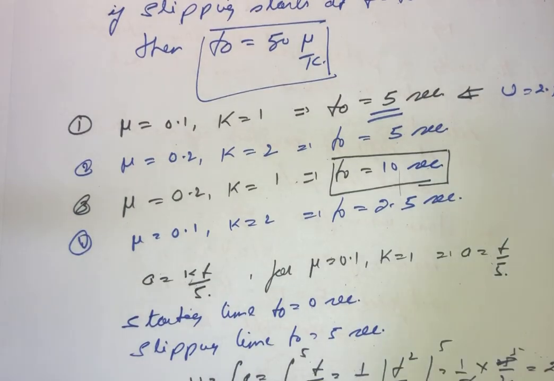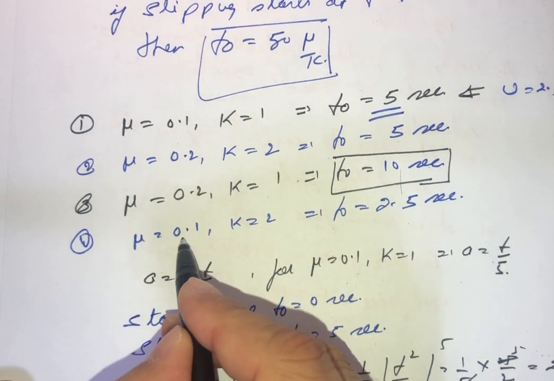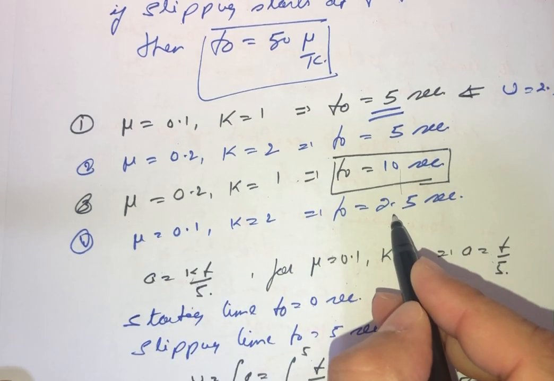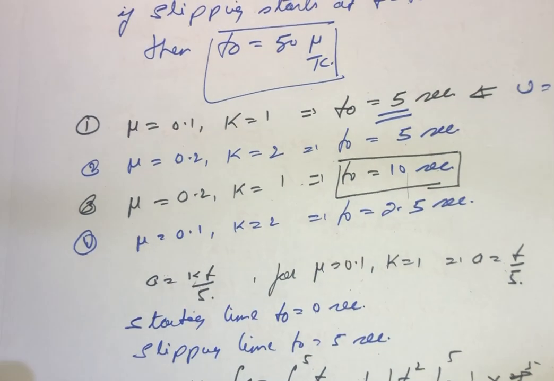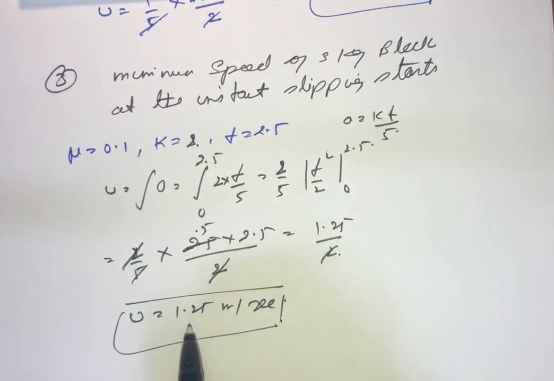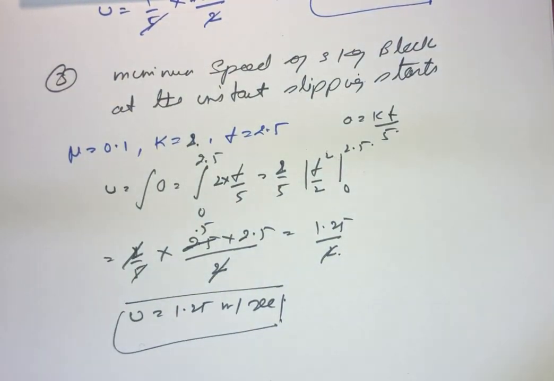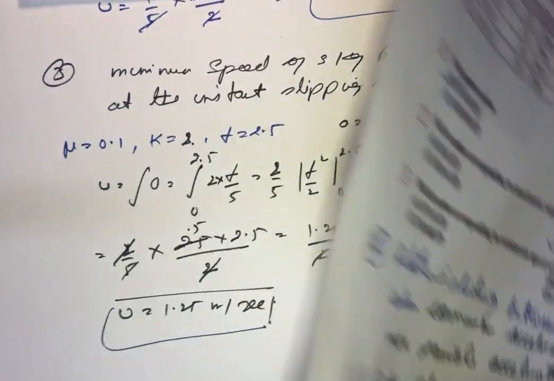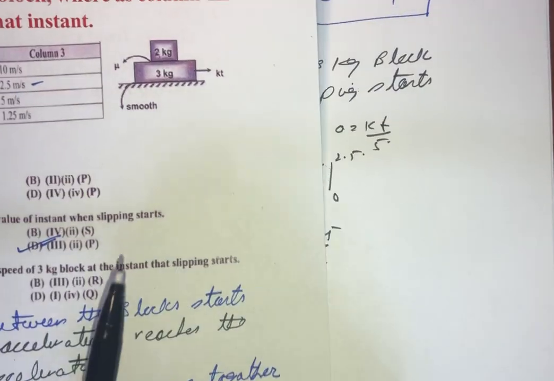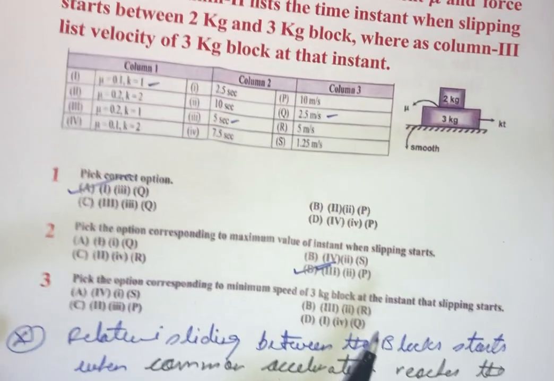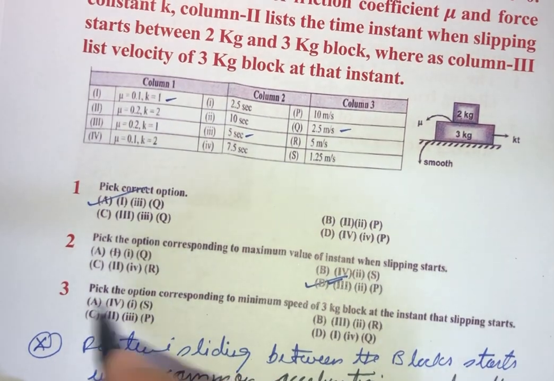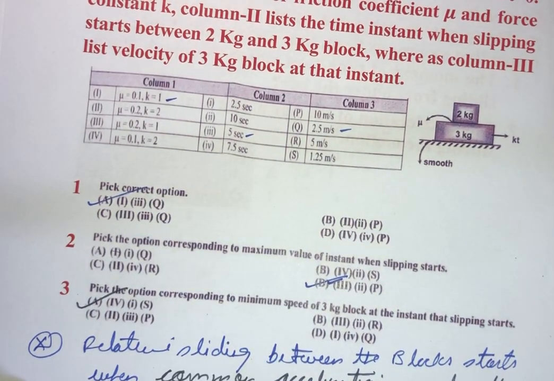Here k is 2, mu is 0.1, and t naught is 2.5 seconds, and the corresponding velocity is 1.25. So we can identify that option A will be the correct option.